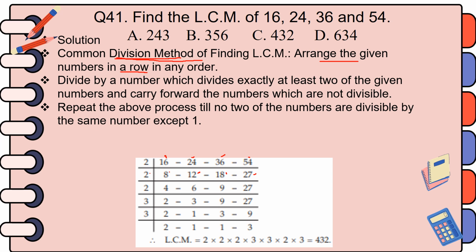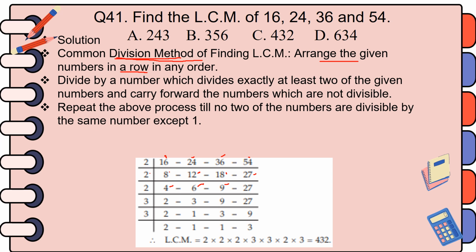Okay, divide 8 by 2. What you get here is a quotient of 4. Again, divide 12 by 2. You get 6. Again, divide 18 by 2. Can you divide? Of course, and you get a quotient 9.